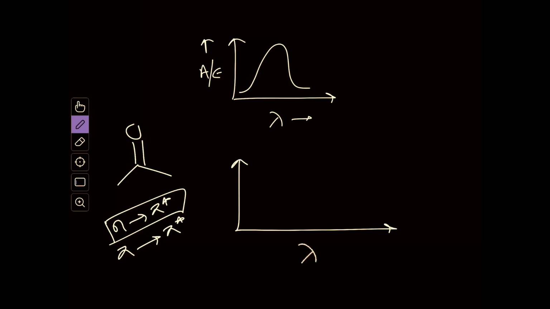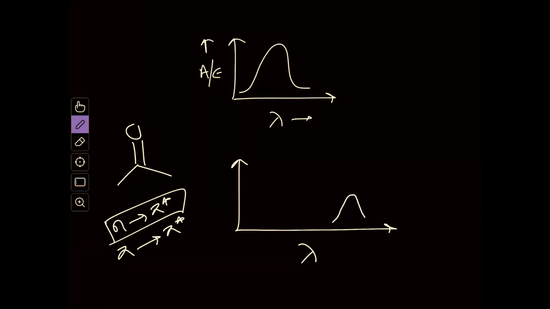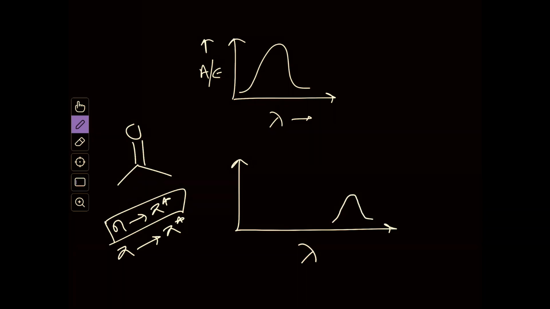So the n→π* will be somewhere around here. But for π→π* the energy gap is higher, and that's why it will be at lower lambda value, but the intensity will be higher because it is an allowed transition.